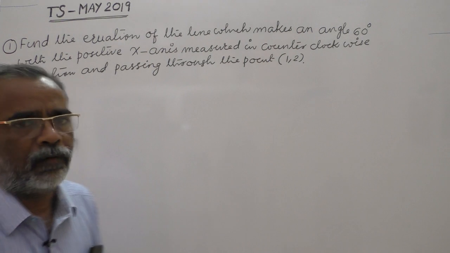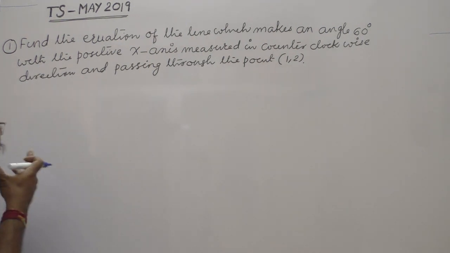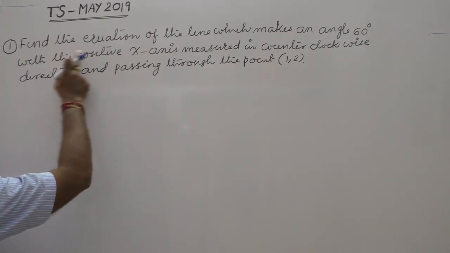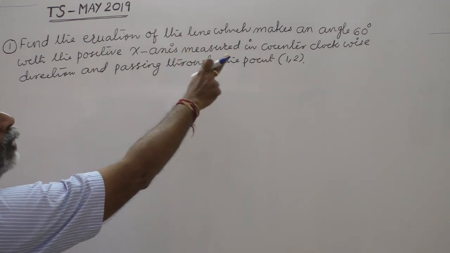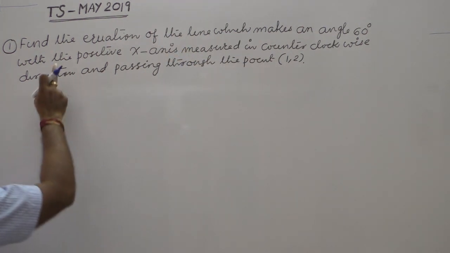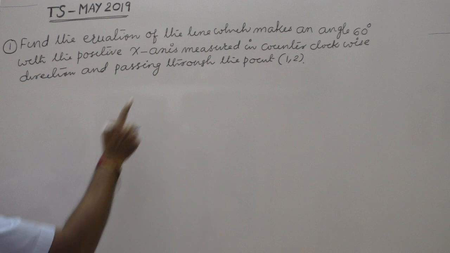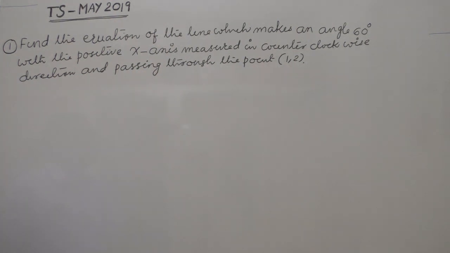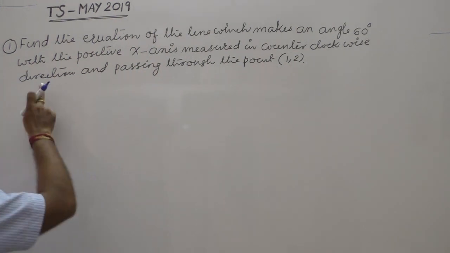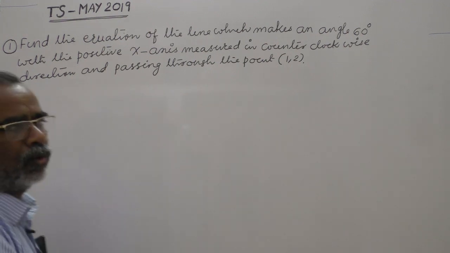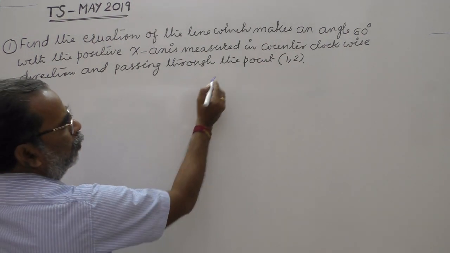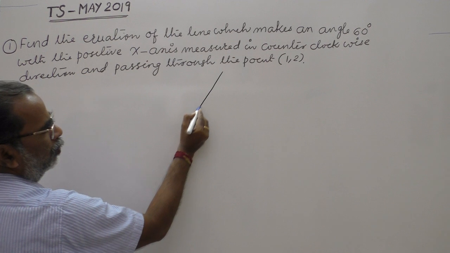Yes, question number 1. It is a question from straight lines. Find the equation of the line which makes an angle 60 degrees with the positive x-axis measured in counterclockwise, that is anti-clockwise direction, and passing through the point 1 comma 2.